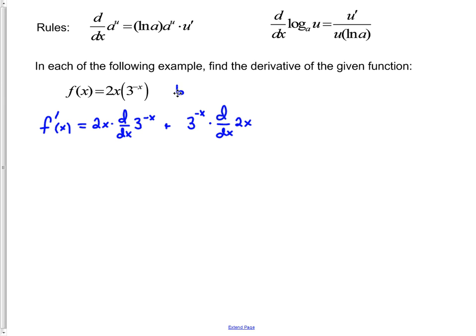Right, so this is by our product rule. And if you forget that one, you might want to look back at it.